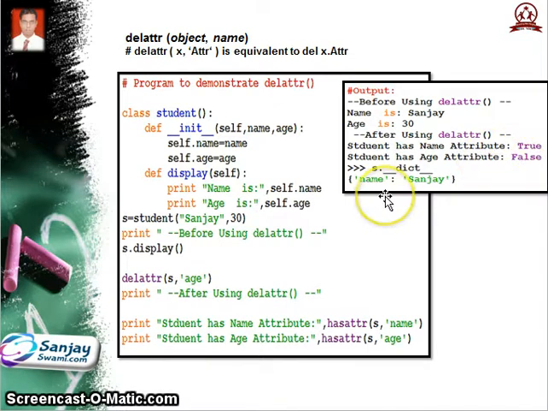Again, with respect to this particular object, we can also check s.__dict__, which shows only one attribute present in that particular class, name. So this is how delattr is used to delete the given attribute with respect to the given object.